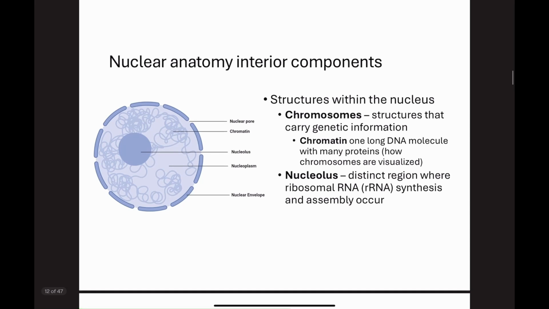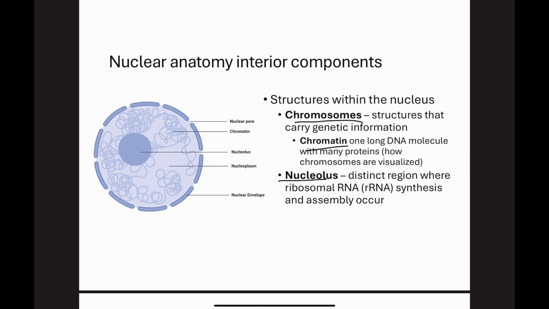So inside of the nucleus, we have several key structures that help organize and regulate genetic material. These include our chromosomes, our chromatin, and the nucleolus. Our chromosomes are going to carry genetic information in the form of DNA. But when we're inside of the nucleus, we're going to find our chromosomes as chromatin.